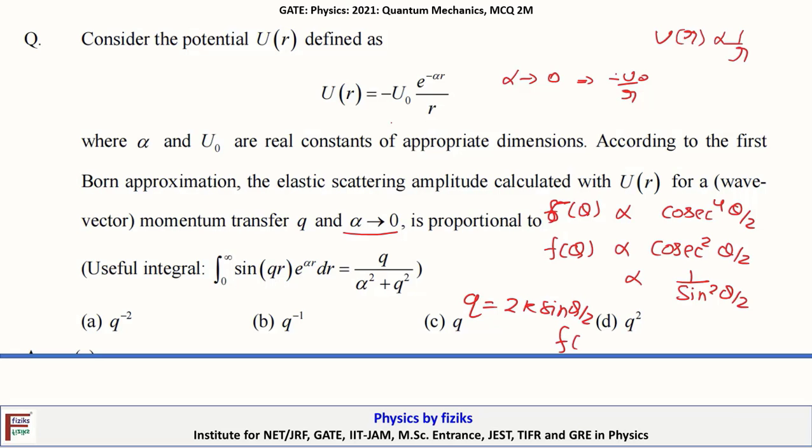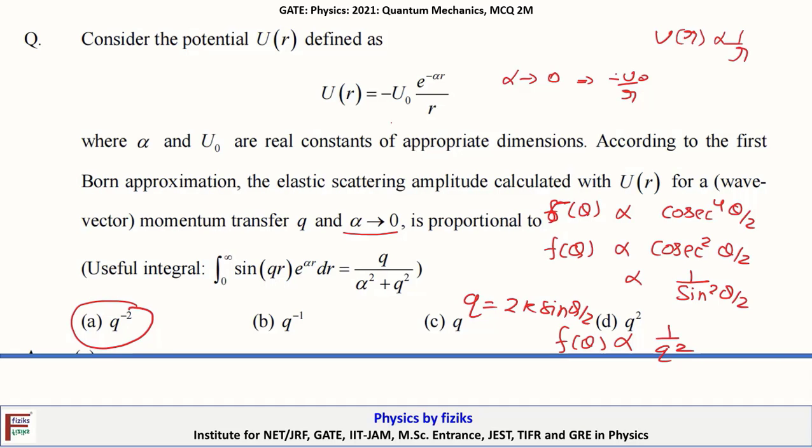So f of theta is proportional to 1 by q square. So our answer for this question would be option A, 1 by q square. We don't need to do the proper integration.